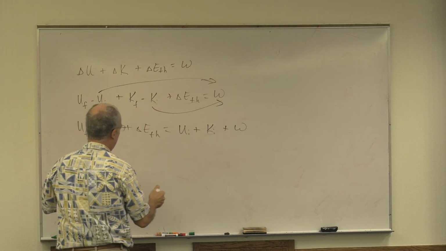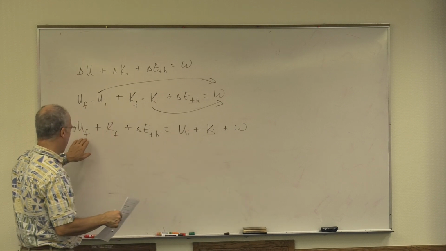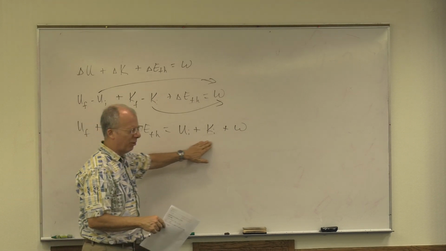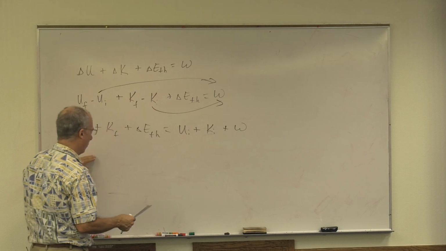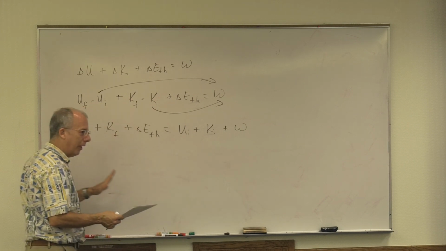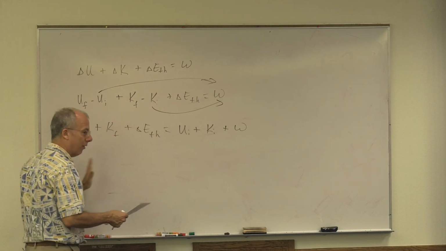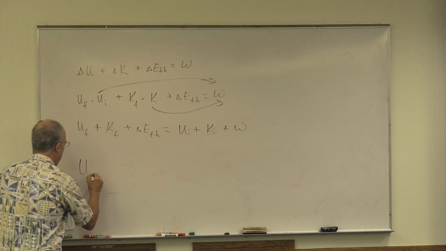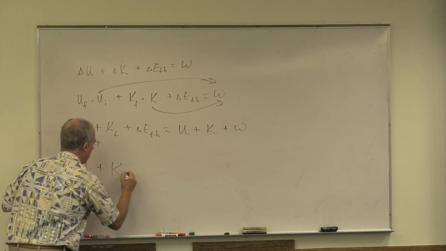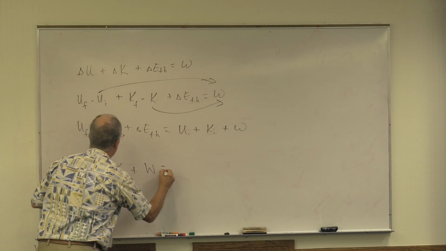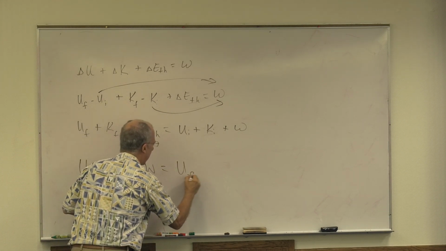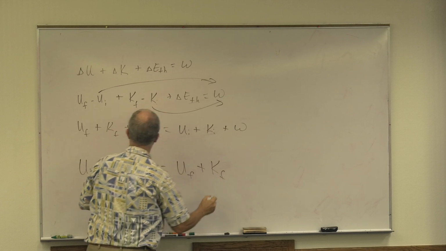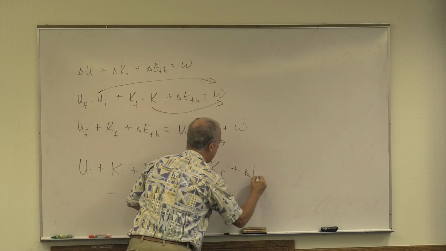Now this is kind of weird because it has the final on the left and the initial on the right. I really want to have the initial on the left and the final on the right because I read from left to right. So U initial plus K initial plus work equals U final plus K final plus delta E therm.